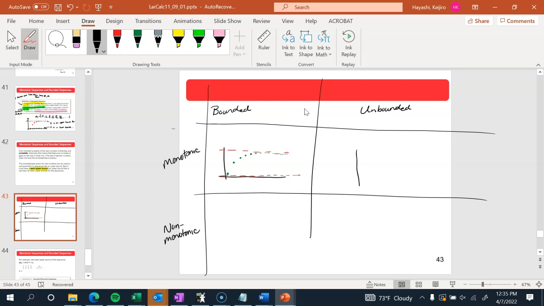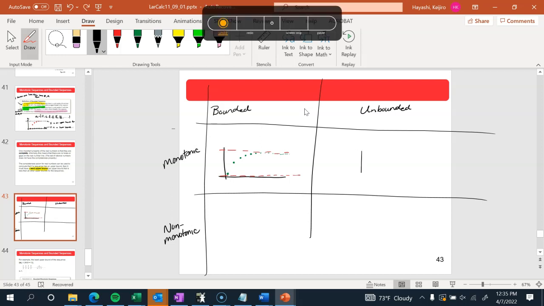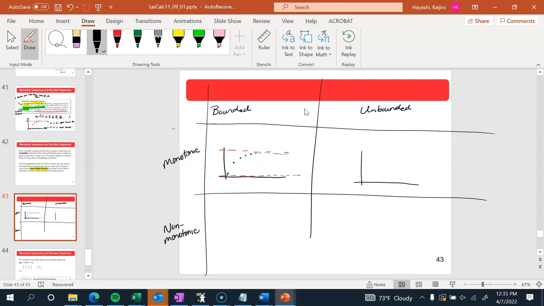An unbounded monotonic sequence, that's easy to think of. That would just be a sequence that just grows forever. So it's unbounded, and since it's only increasing, it's monotonic.